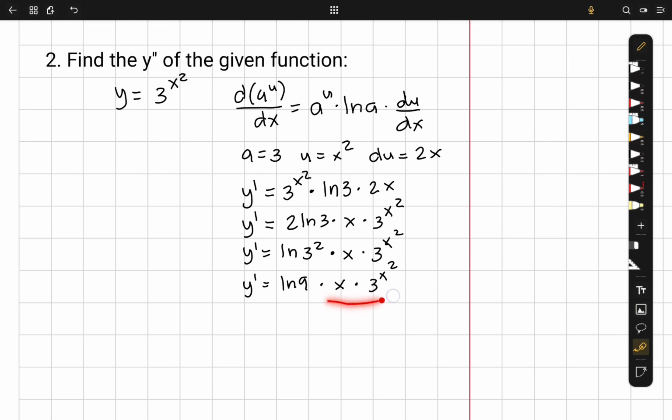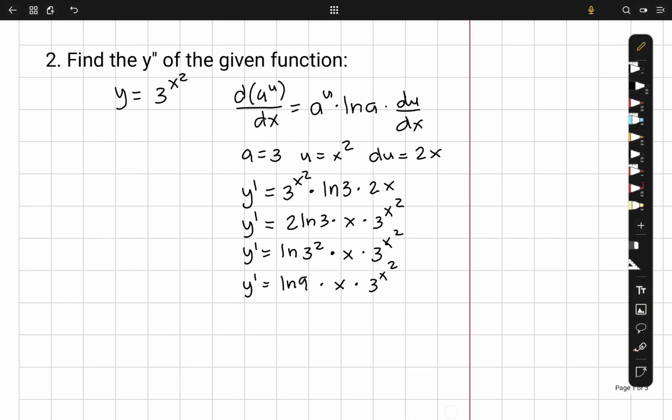That is a product rule. So, ano yung formula for the product rule sa derivative? That is, di ba, d of u times v is equal to u dv plus v du. So, dito, ilelet natin yung isa as u and yung isa naman as v. So, kopyahin lang muna natin.